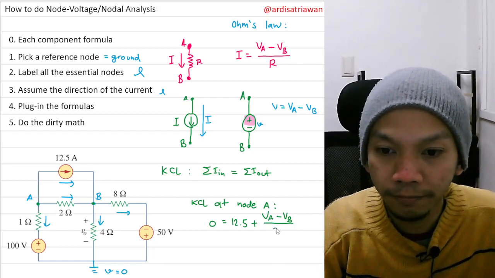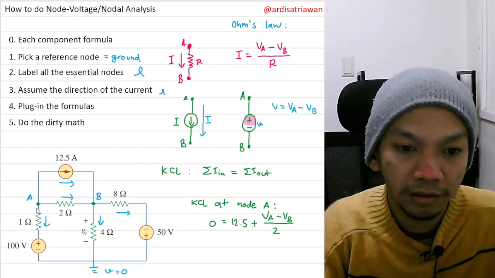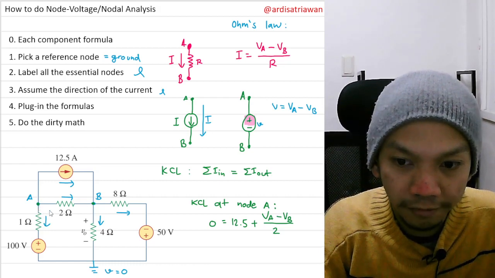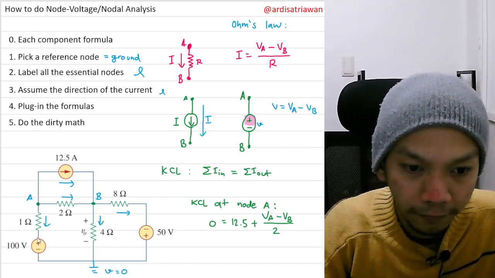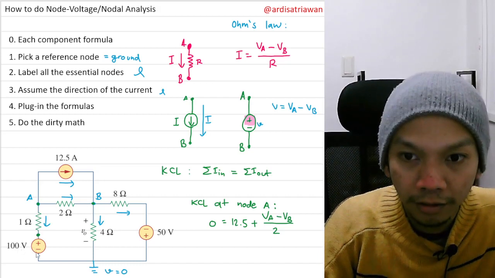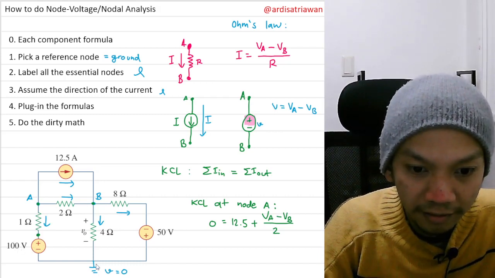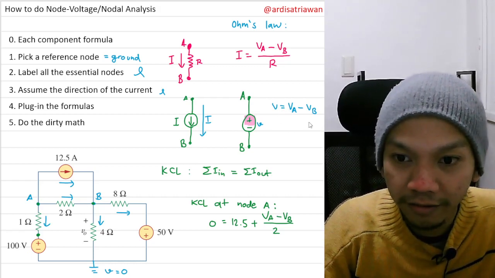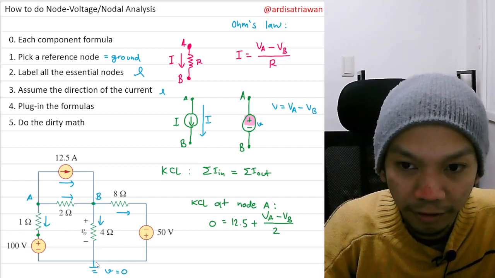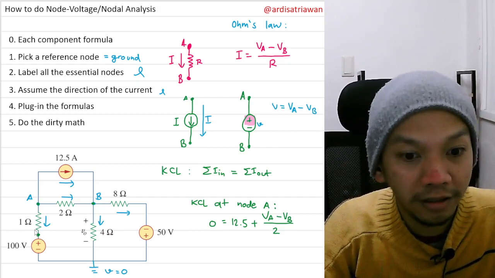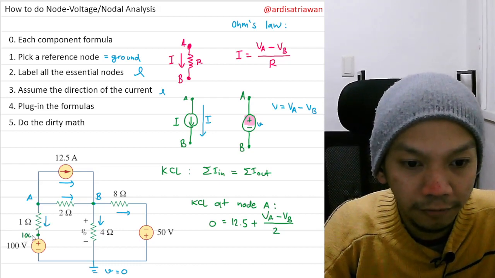So I'll have 2 ohm, and then one more here, we have VA here, and we need to know this node here. But remember that if we have a voltage source which is 100 volt, the difference between this and this will be 100. So we know that VB in this case will be the ground, so it's 0. So the voltage here will be 100.